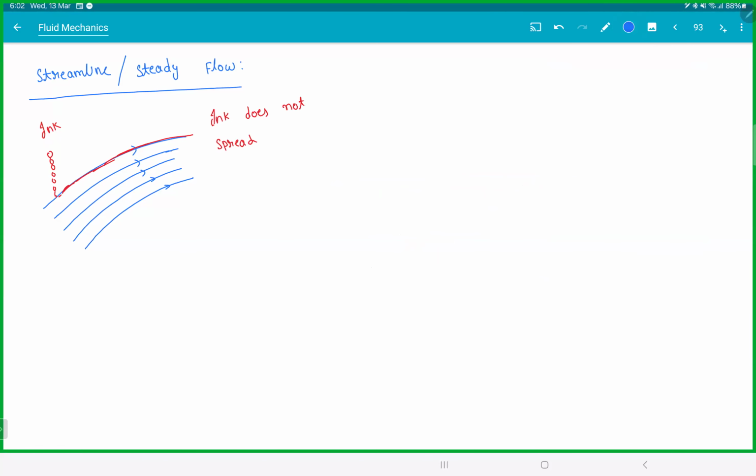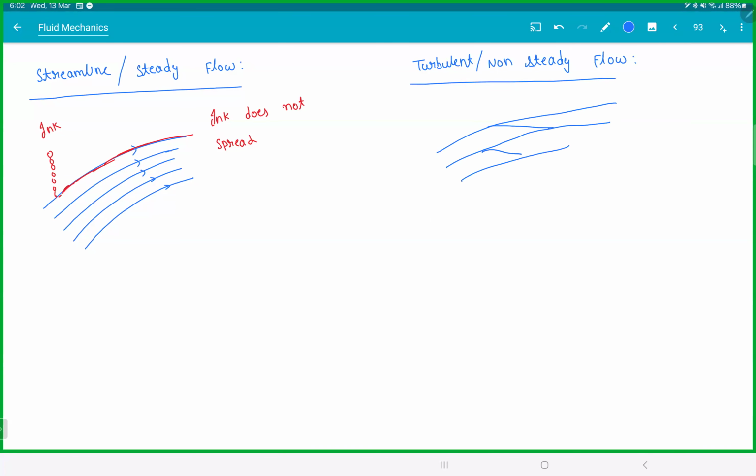But if you take the other flow, turbulent or non-steady flow, the flow is messed up.